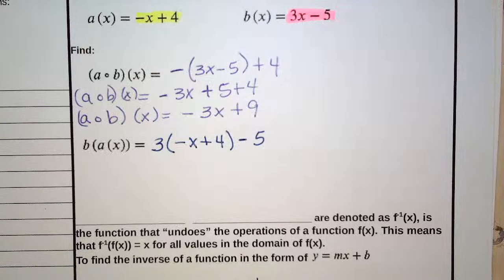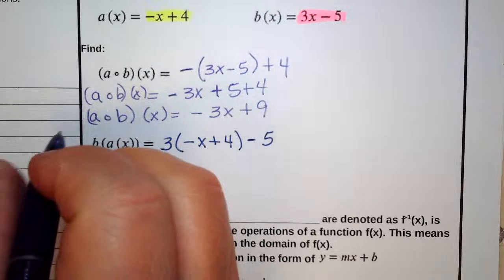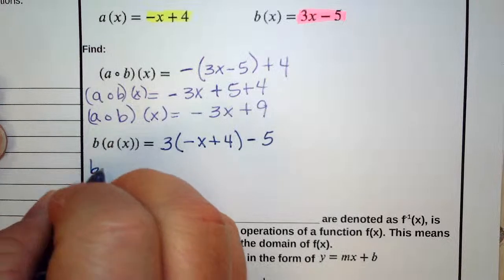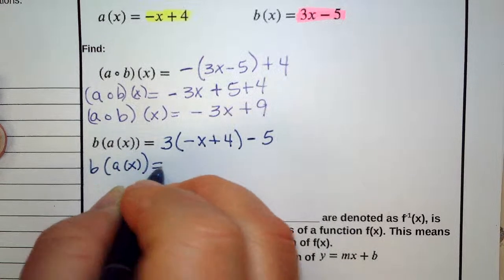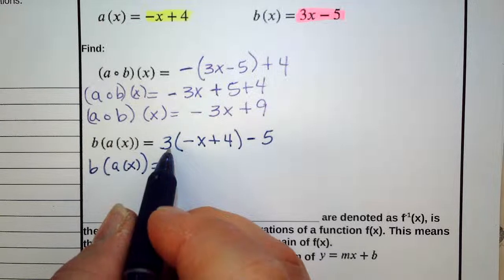We're using substitution. So when I've got B and I put A evaluated with x inside of it, I get, distribute.